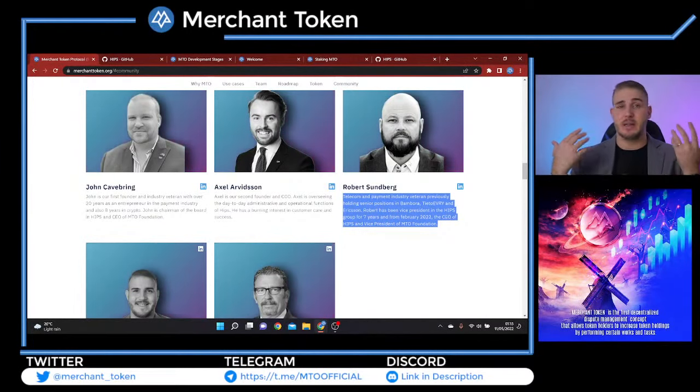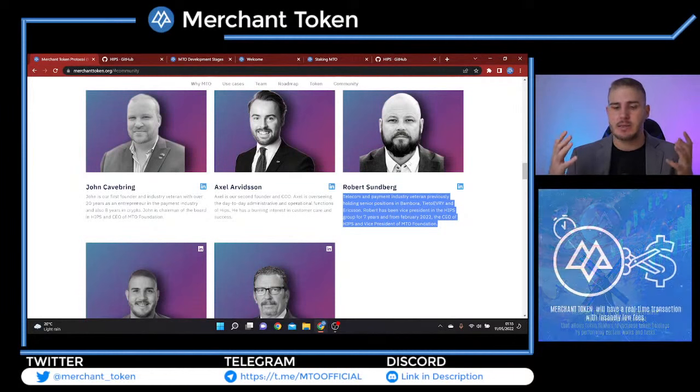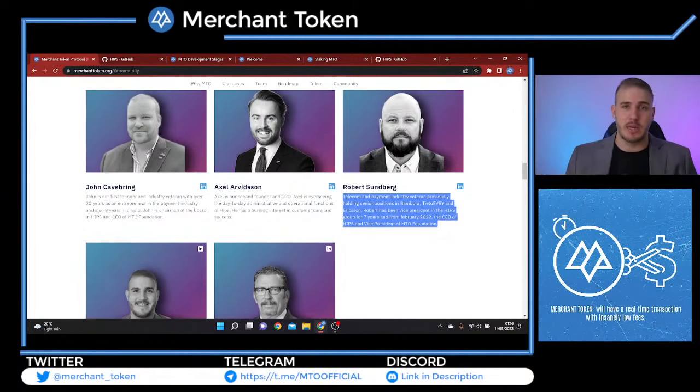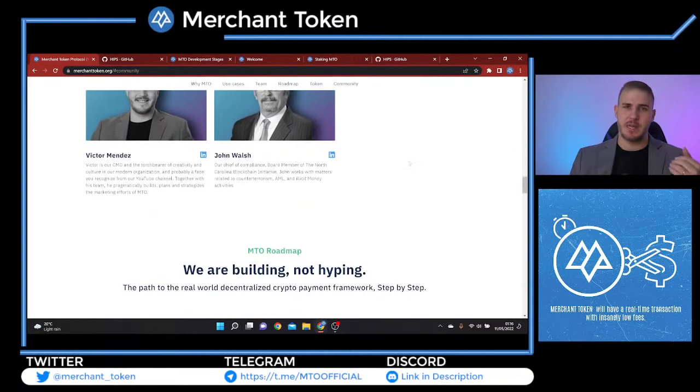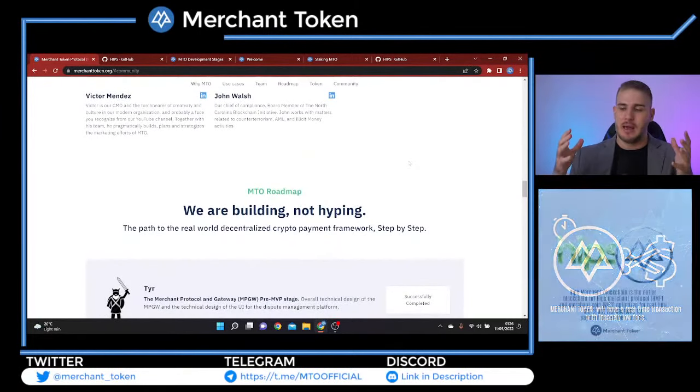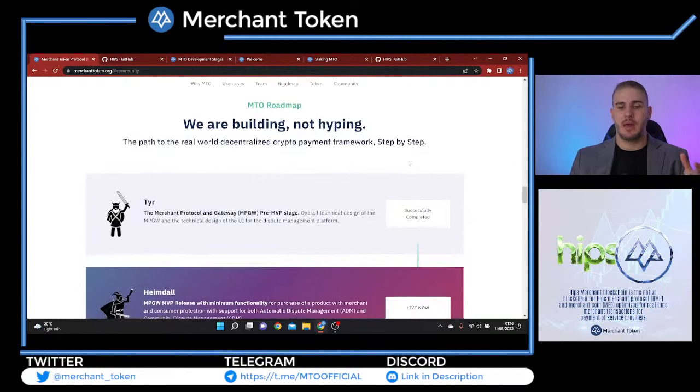It's giving back the power to the people, so we cannot have a company behind MTO controlling what MTO is, and thus we needed it to be a foundation, because it really describes what we're doing for MTO.